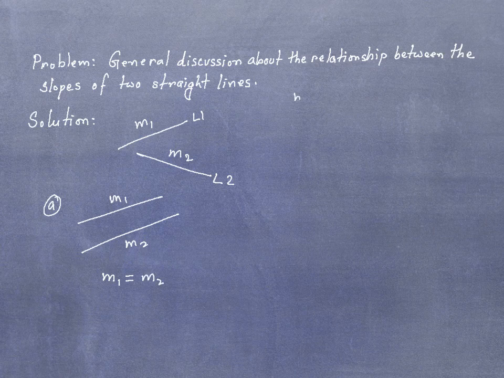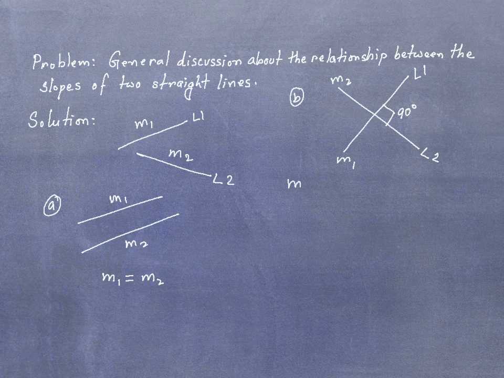Or they could be perpendicular to each other, which is, let's say this is my L1 and this is my L2, and the angle between them is 90 degrees. In that case, slope of this one is M1, slope of this is M2.